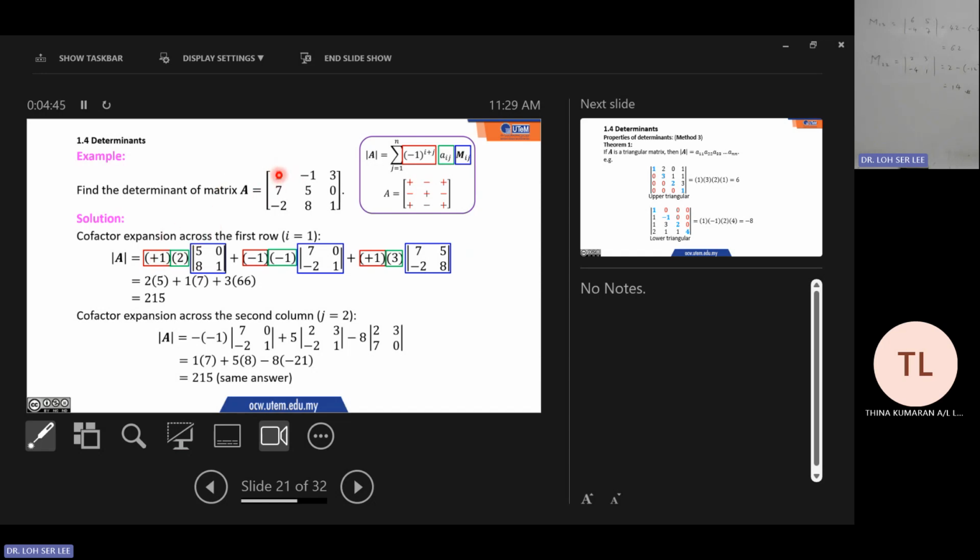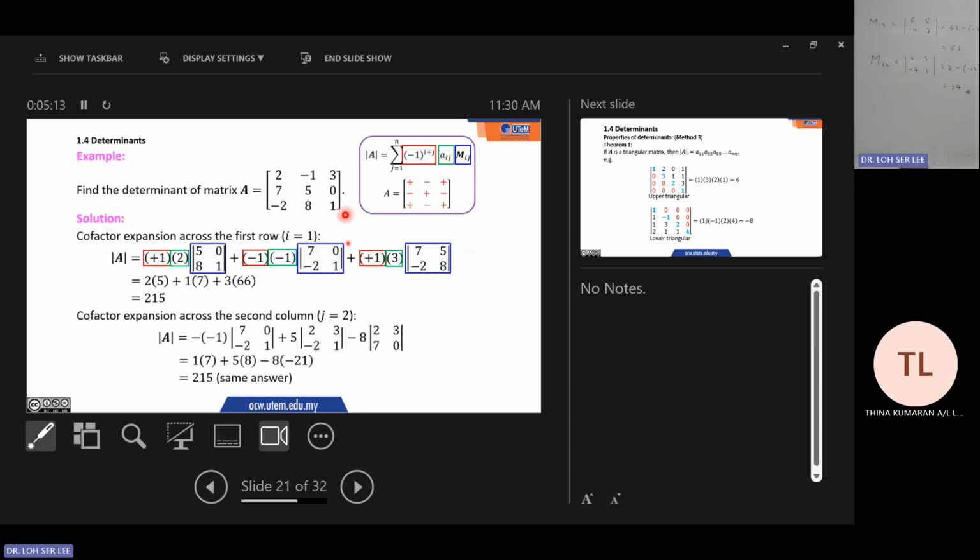The minor of this location is, we remove this 2. We have 5081 here. This is the minor. And then we have to plus because of the summation. Plus the next entry location, alternating sign plus minus, so minus, and the entry itself -1, and the minor for this location, remove, 70, -2, 1.